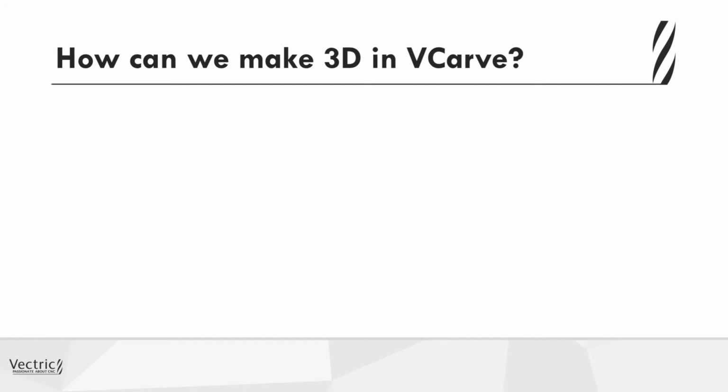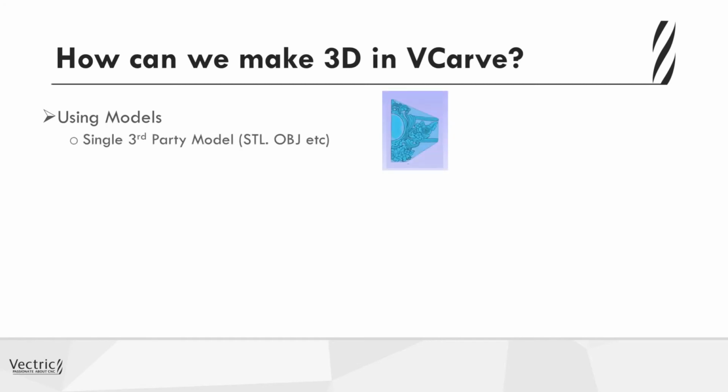First off, and the most obvious, is to use pre-made models that we can bring into the software, and there are many resources available. You have the ability to import one single third-party model, for example STLs and OBJs, and there are other ones available. There are many websites out there that offer these file formats.